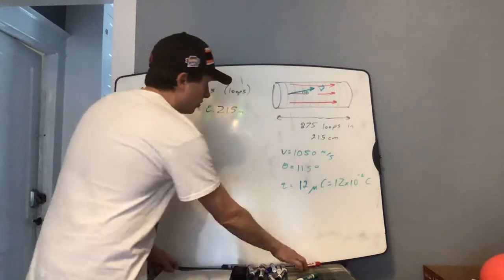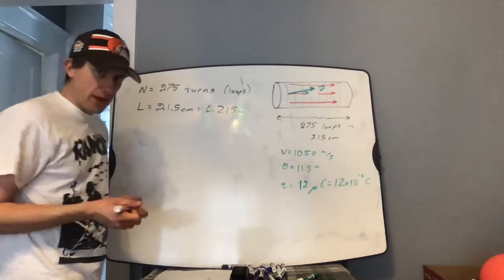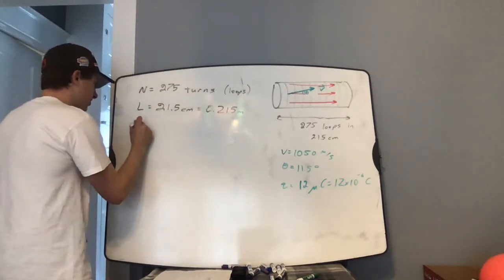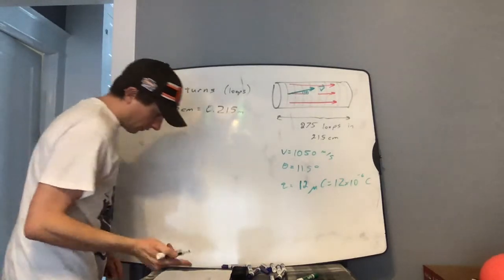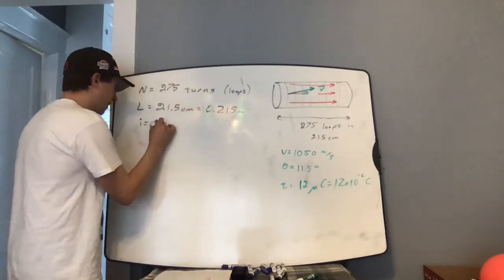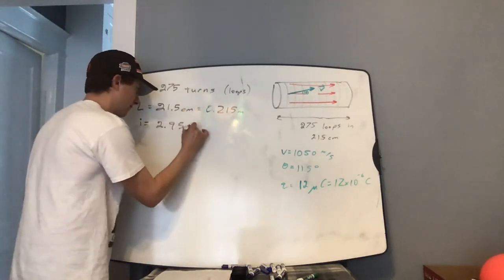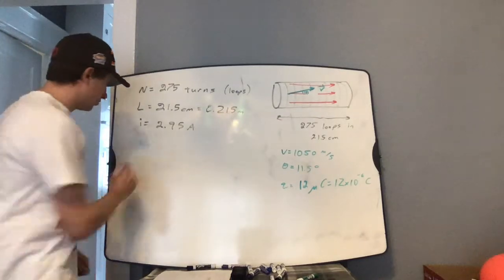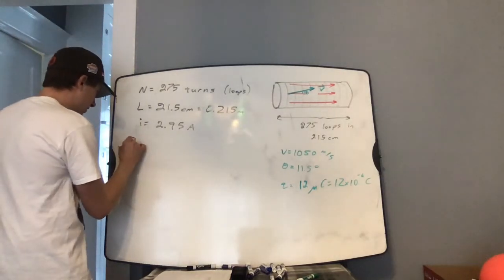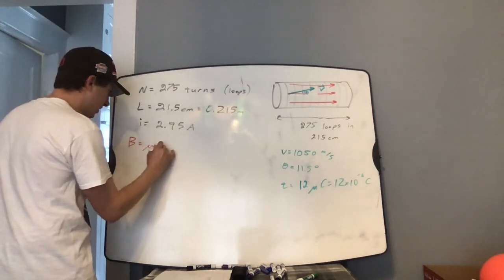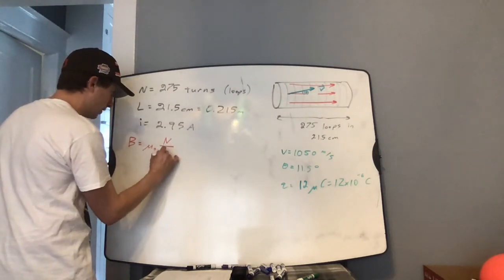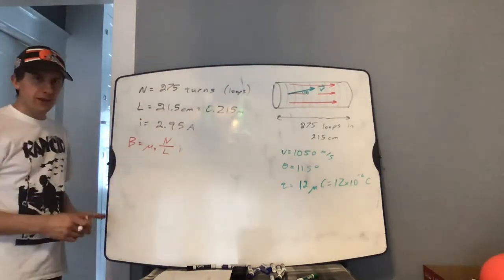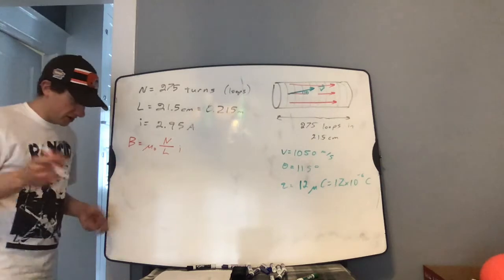The first question is, what is the strength of the magnetic field in the solenoid? We are also told that the solenoid carries a current of 2.95 amp. From here, I have enough information to find the strength of the magnetic field. I could say B is equal to mu naught times big N over L times I. Little n is equal to big N over L. It doesn't matter which I use, whatever is convenient.